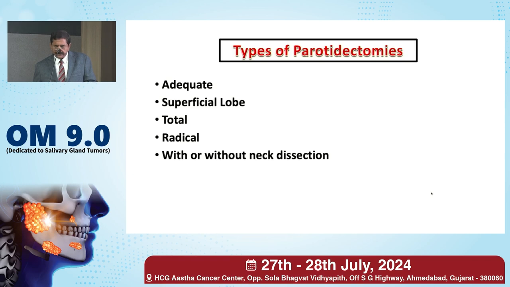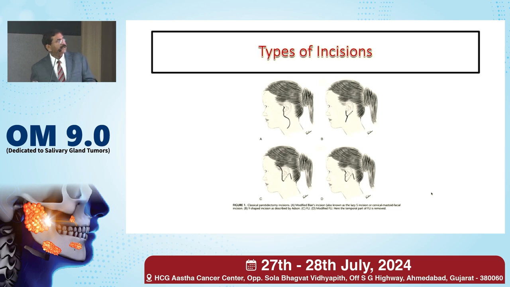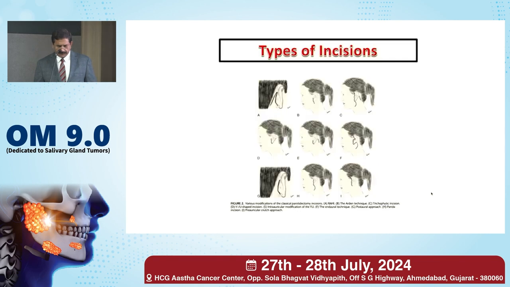These are all the types of surgeries for parotid tumors, and these are the types of incisions which I described. But the most common one is the modified Blair incision, which we do. And then there are some more modifications also which are described.